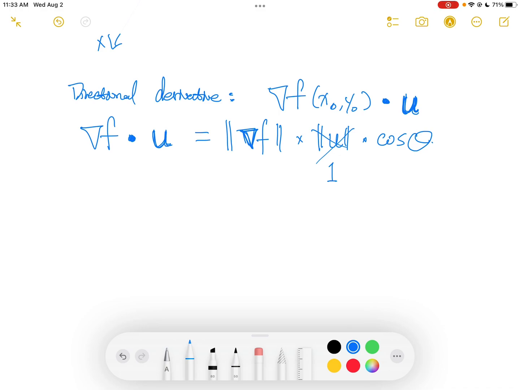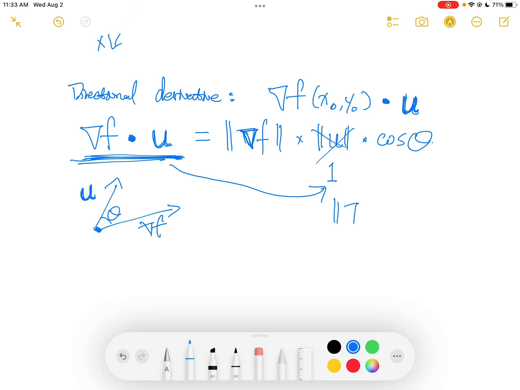So if this is the direction of the gradient vector, and this is the direction of movement we want to examine, and this is the angle theta, then the directional derivative just equals the magnitude of the gradient vector times cos theta.